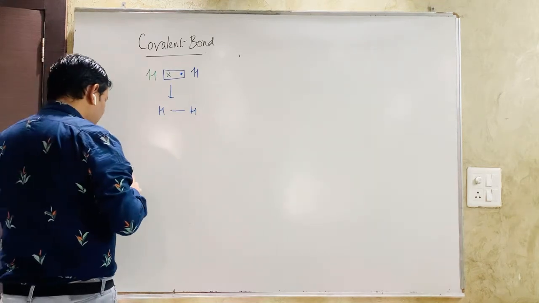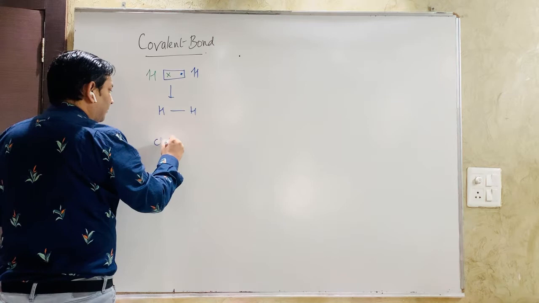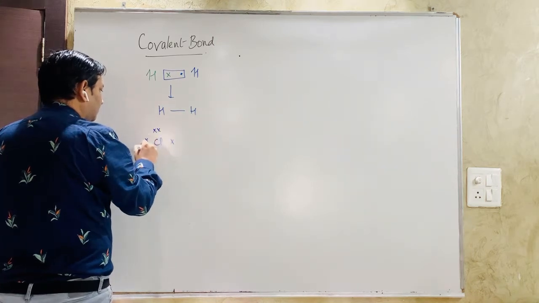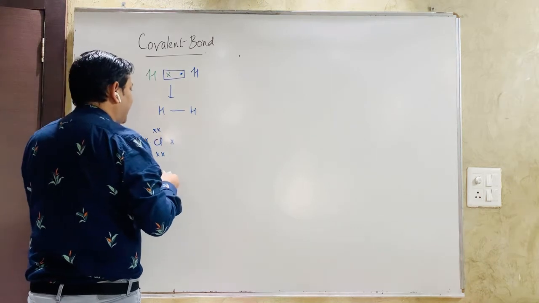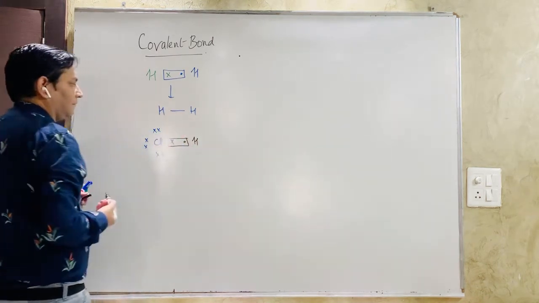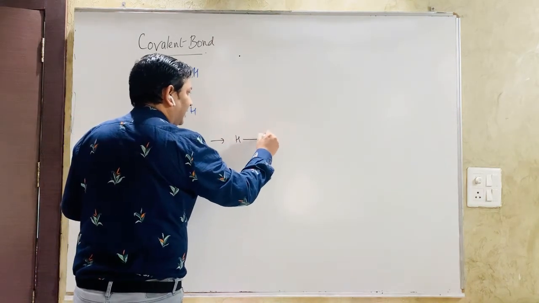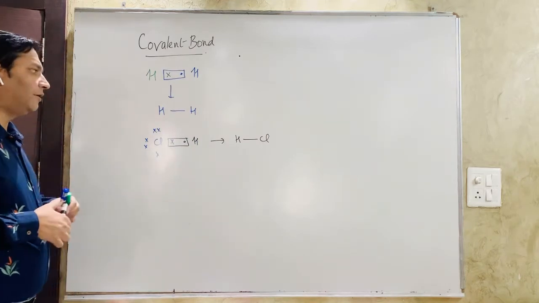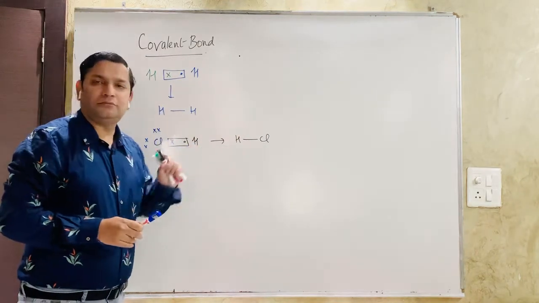But suppose I form a bond between chlorine and hydrogen. Then in this particular case, again we have a covalent bond, but this is different from this covalent bond.